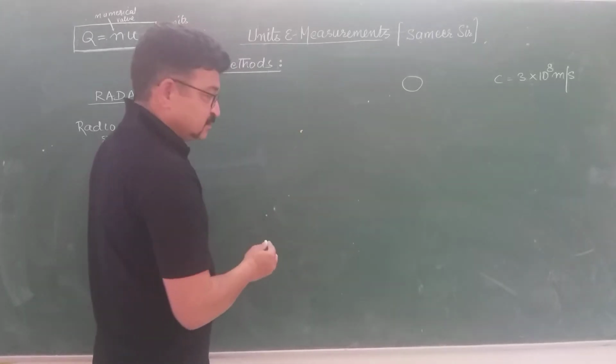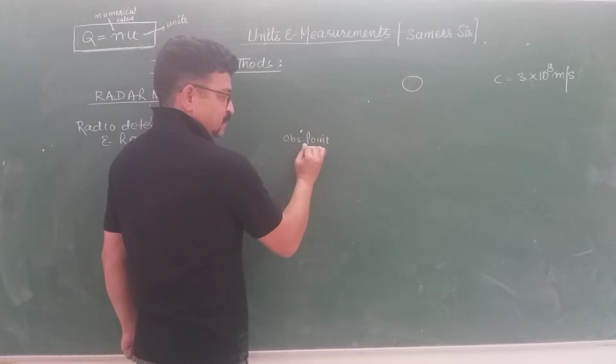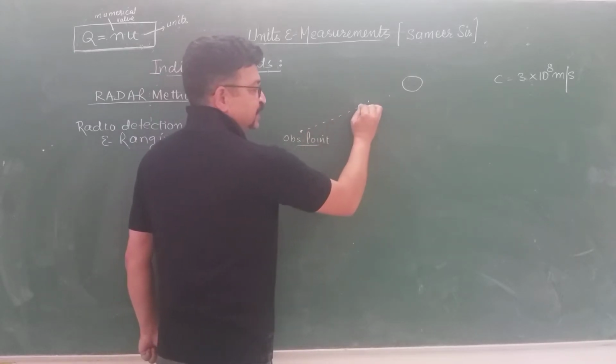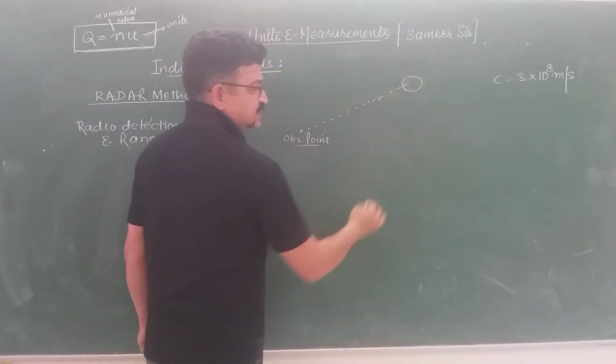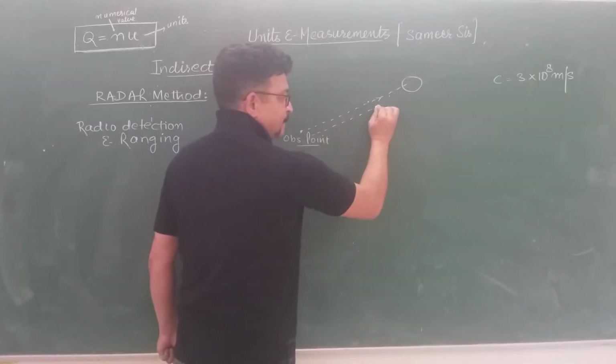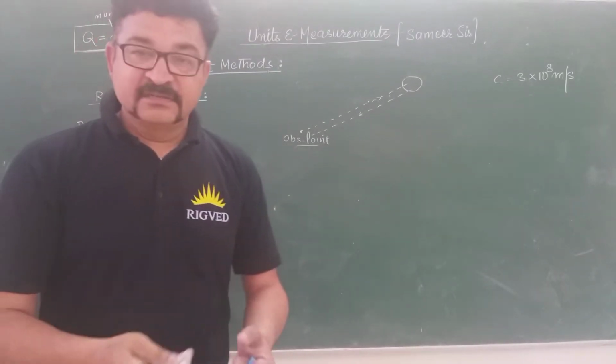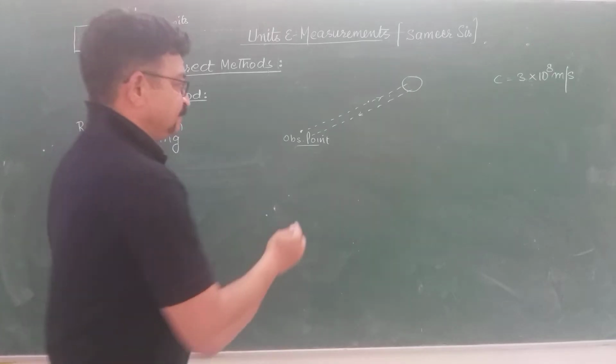So this is the observation point. The radio waves are incident on those planets. After reflection from that object, it comes back.